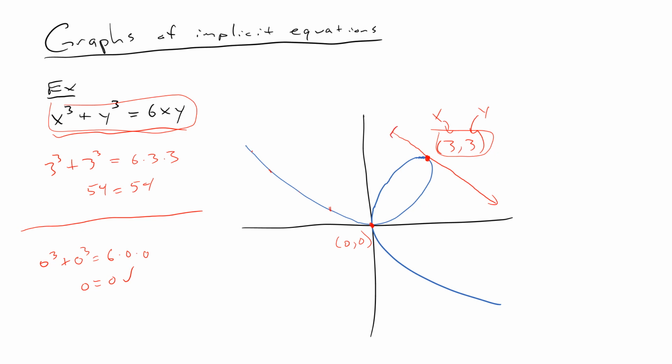If I want to know the equation of this line, then we kind of already know how this works. If I use point-slope form, I have y minus my y value equals the slope times x minus my x value. We've done this before. Now the only thing we're missing is the slope of this line. And just like what we've done before, the derivative tells us how to find the slope of any tangent line on this graph.